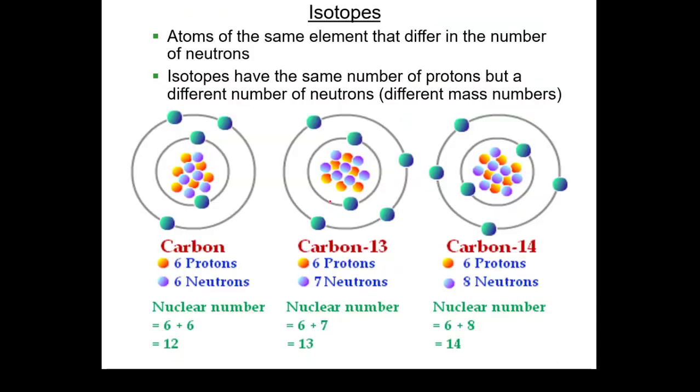Now, sometimes an element could have an abnormal number of neutrons. So remember I told you carbon, which is an atomic number of 6, normally will have 6 protons, 6 neutrons, and 6 electrons. But sometimes there's these weird carbons out there, and they're not just like normal. These are radioactive substances.